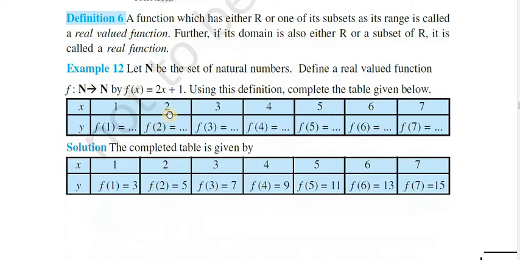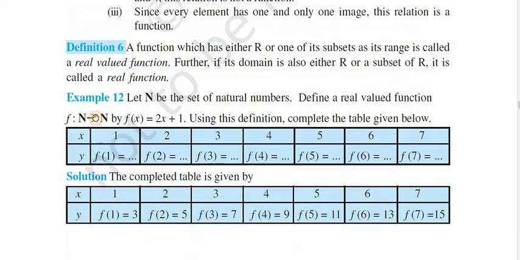So here are a few examples. Let N be the set of natural numbers. We define a real valued function f from N to R with this rule. Because N is a subset of real numbers, it is a function going from a subset of real numbers to real numbers, so it is a real function.